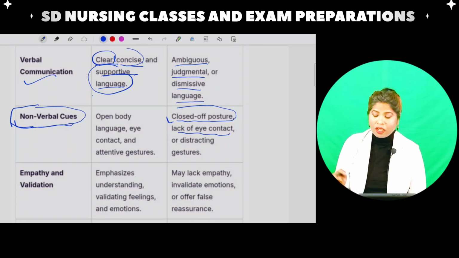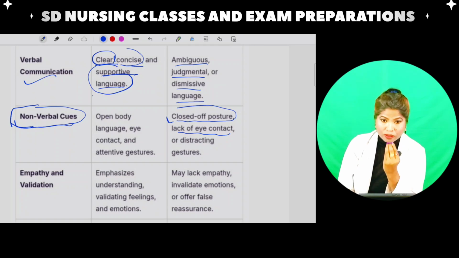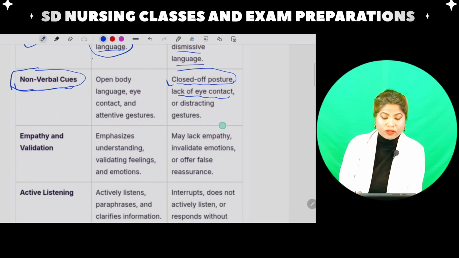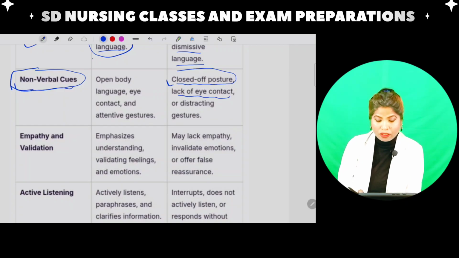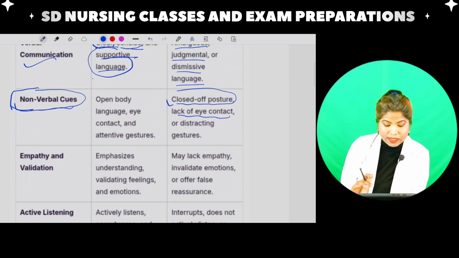You are not even seeing the patient and not showing any type of empathy or good gesture or body posture, you are not sitting with the patient, you are not making eye contact. So this is totally non-therapeutic communication. In non-verbal cues, this comes.